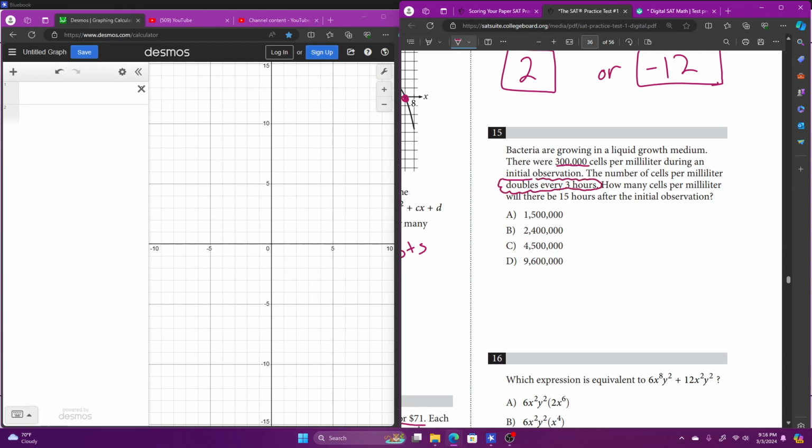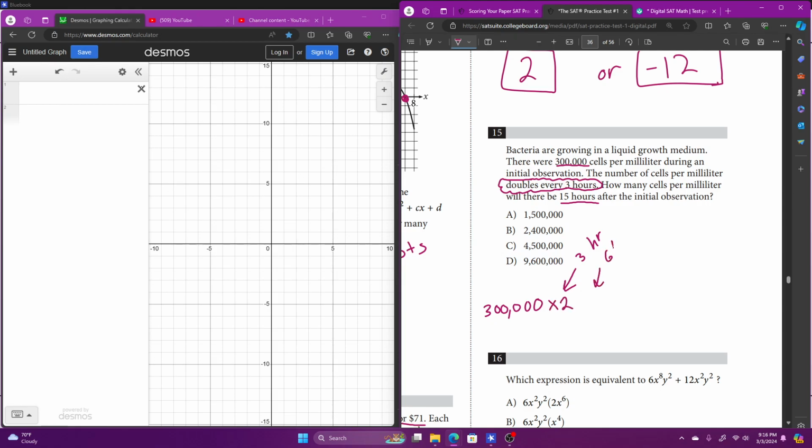Doubles every 3 hours. How many cells per milliliter will there be 15 hours after the initial observation, after the start? So we're starting with our 300,000, and then every 3 hours it doubles. What does double mean? At the 3 hour mark, doubles means we have to multiply by 2.